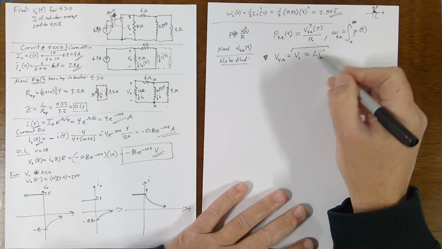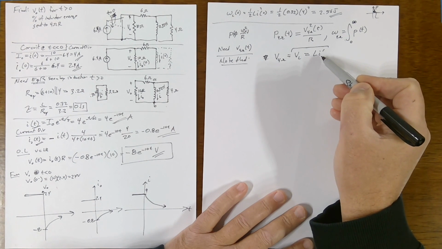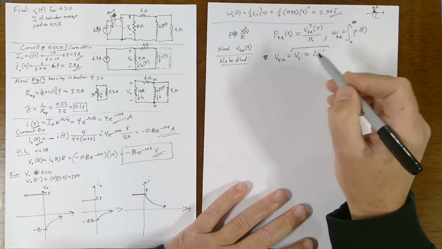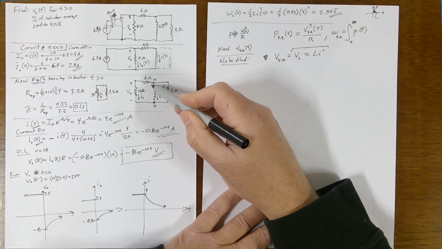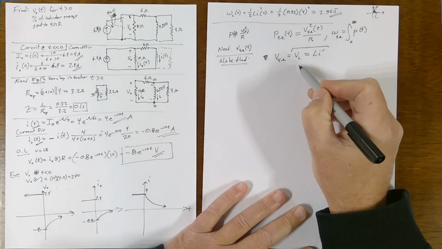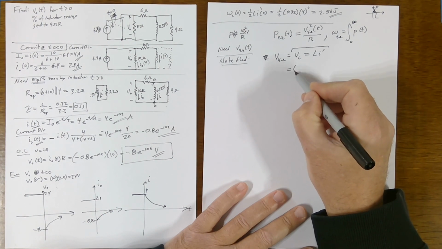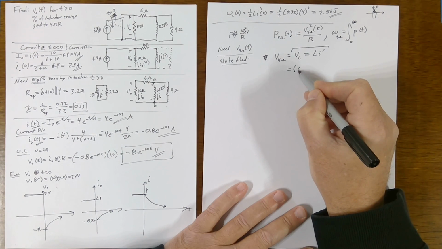The voltage across an inductor is L times the derivative of the current through the inductor. I'm just going to have this polarity, by the way. So this is just going to be 0.32.